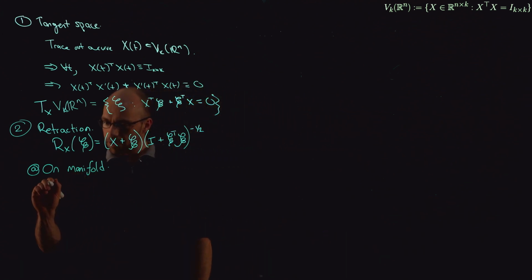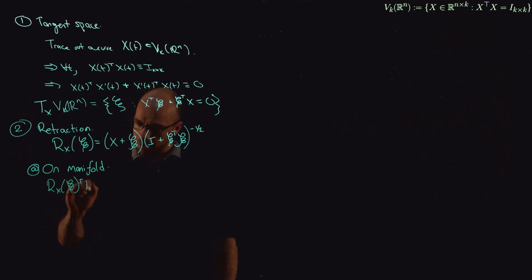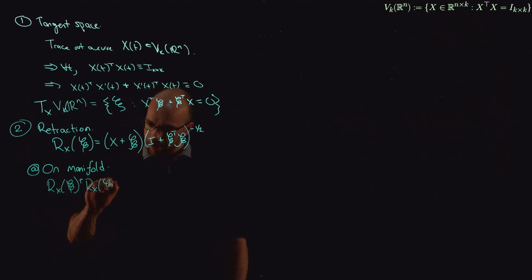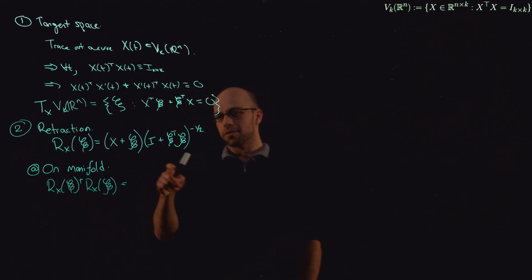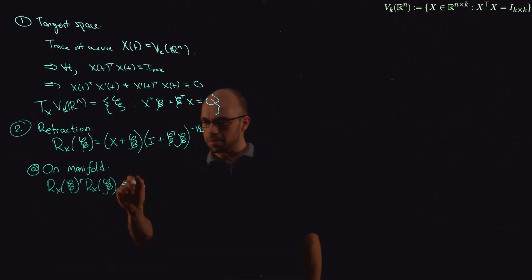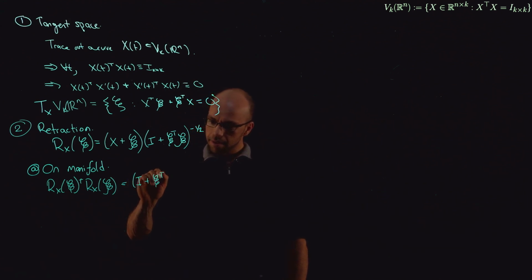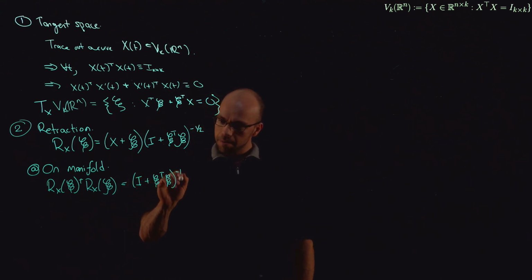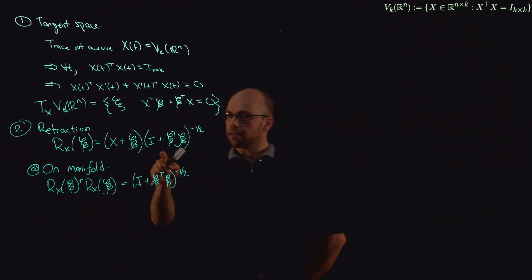So I need to do the following: Rx of Xi transpose Rx of Xi. Okay, well, what is that equal to? Well, it's the transpose of this thing. This is a symmetric matrix, so it's I plus Xi transpose Xi to the minus 1/2, transpose.